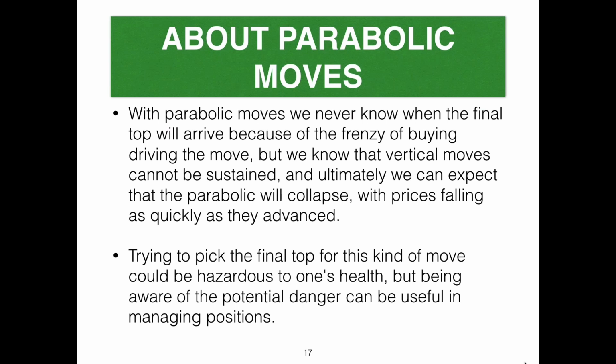With parabolic moves, we never know when the final top will arrive because of the frenzy of buying driving the move. But we know that the vertical moves cannot be sustained, and ultimately we can expect that the parabolic will collapse with prices falling as quickly as they advanced. Trying to pick the final top for this kind of move could be hazardous to your health, but being aware of the potential danger can be useful in managing positions.